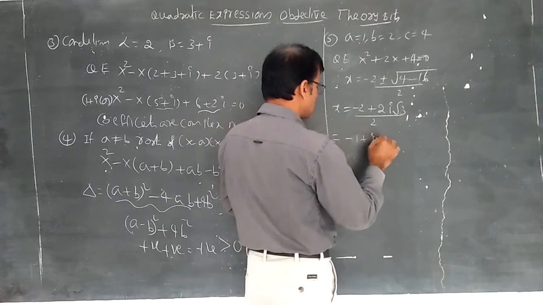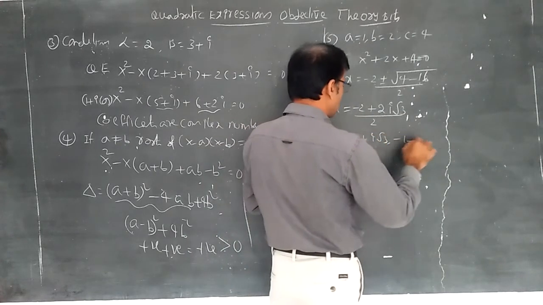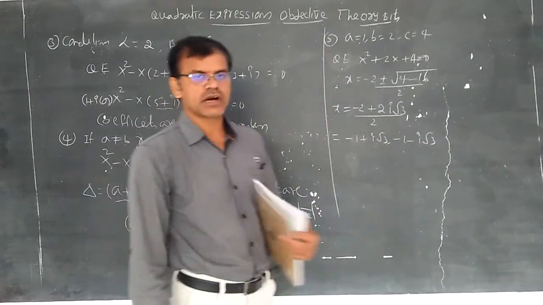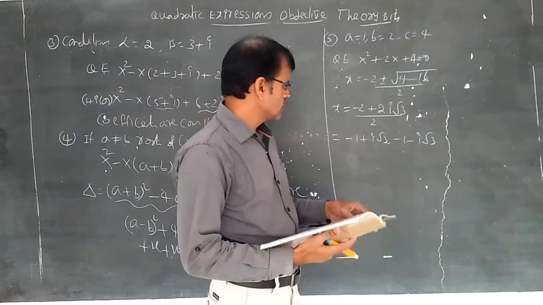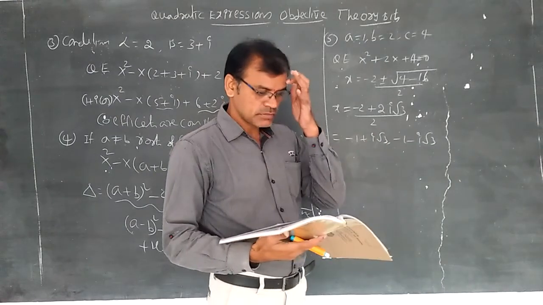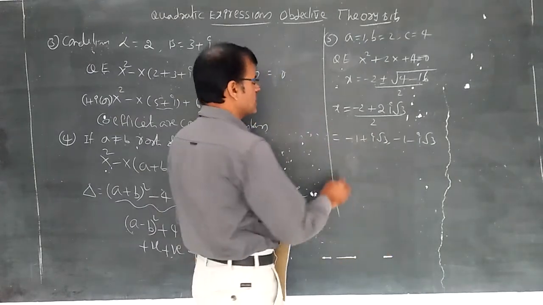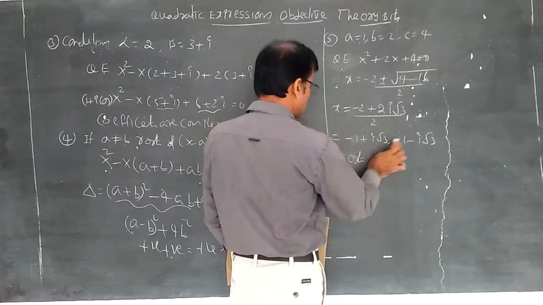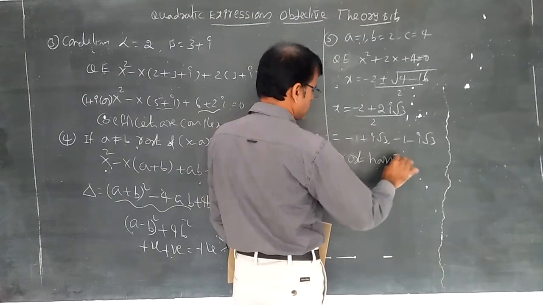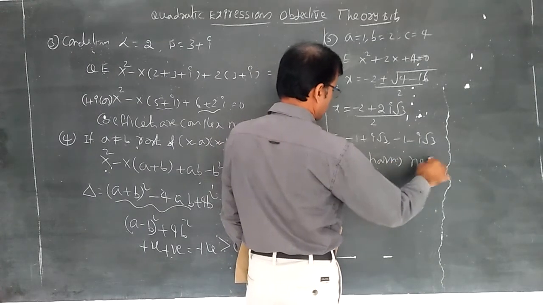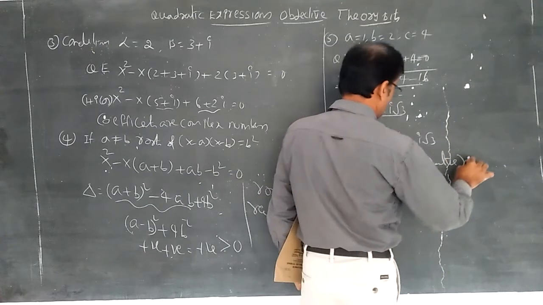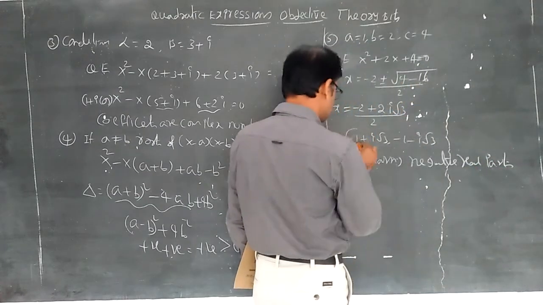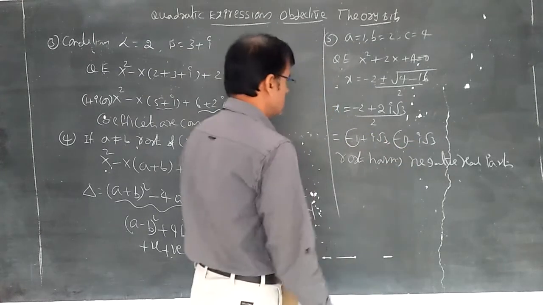So the roots are minus 1 plus i root 3 and minus 1 minus i root 3. We can say that they are conjugate complex numbers with negative real parts. Roots having negative real part. This is correct.